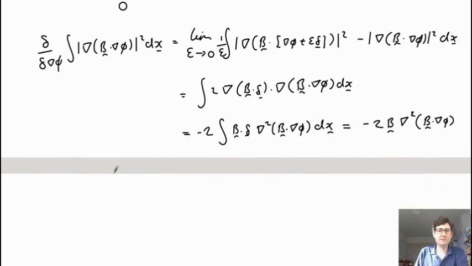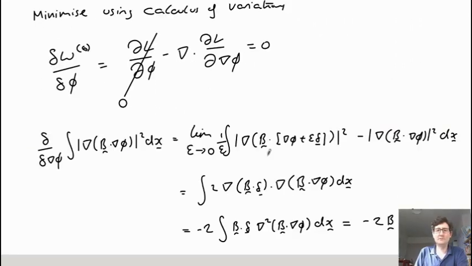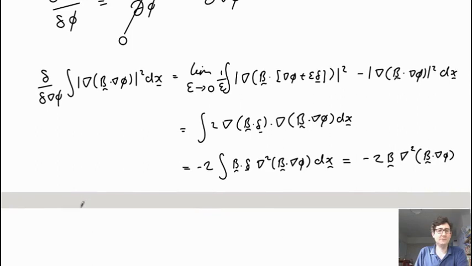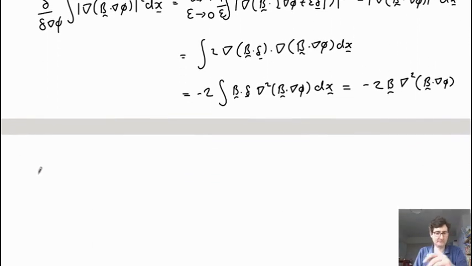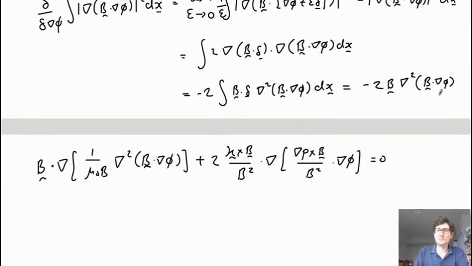The second part takes quite a bit longer, but the end result is this. The first part with the second derivative has turned into this. There's a b, so in the divergence of this whole thing, because the divergence of b is 0, you can take the b outside, and it becomes b dot grad, a parallel derivative of this part here.